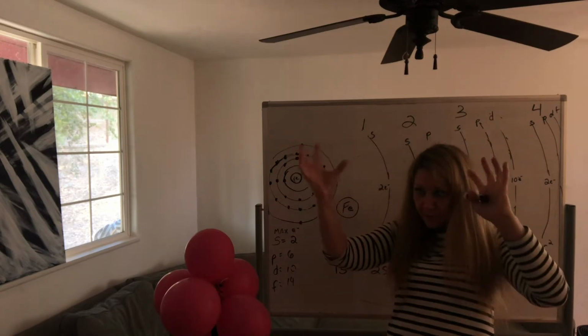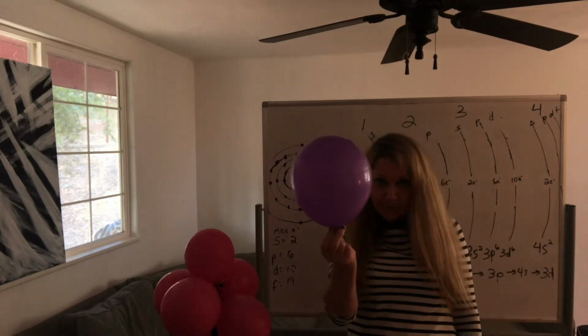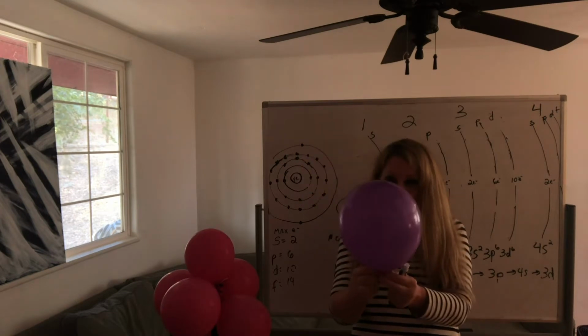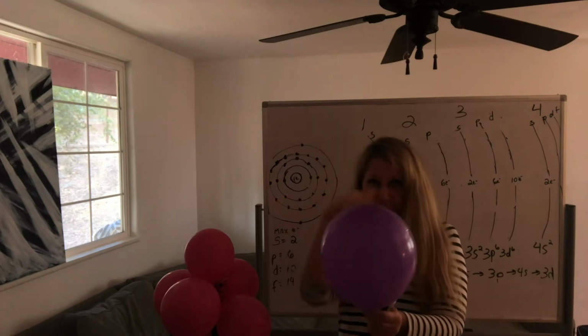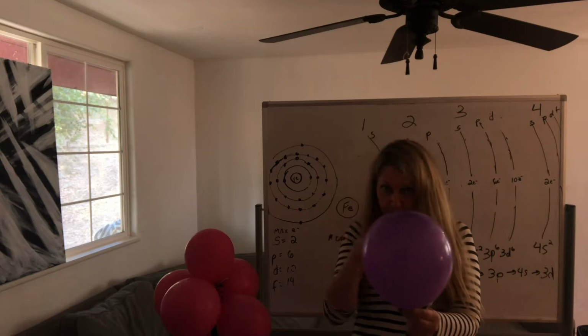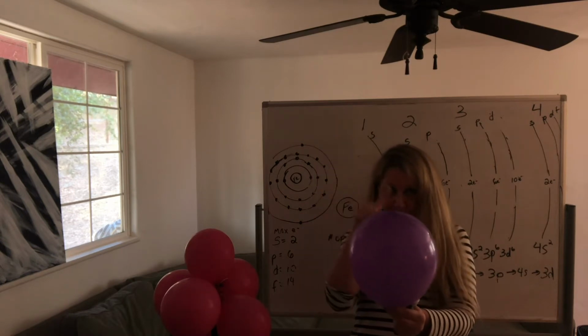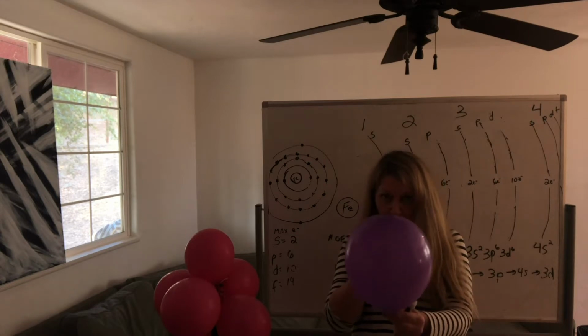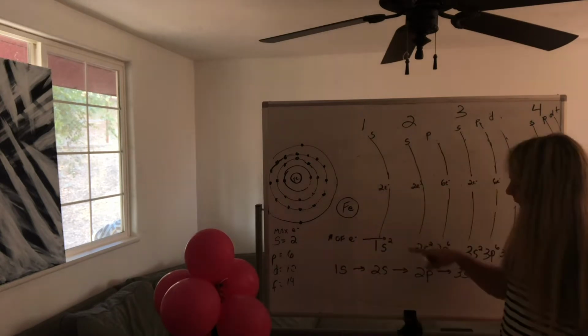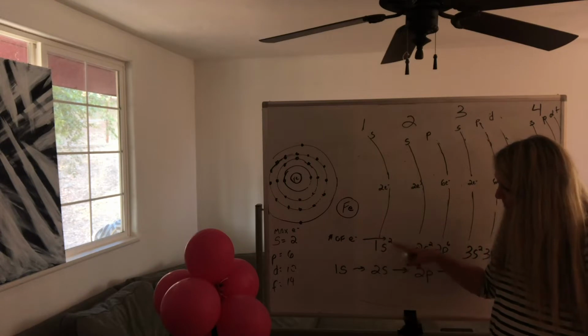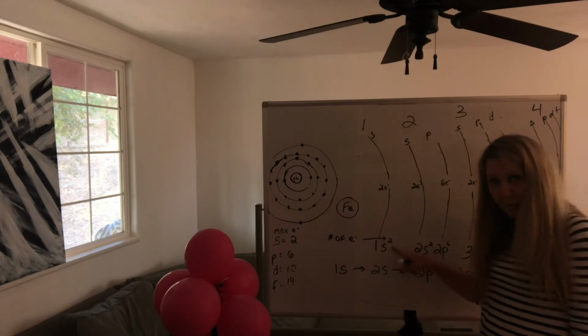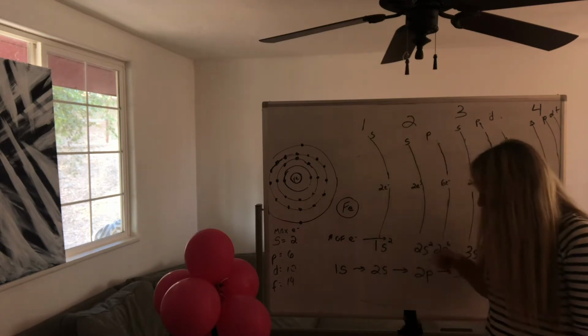So think of a sphere, okay? The nucleus is in the middle, and the outside of the balloon indicates the pathway the electrons are traveling upon. This could represent then the 1s sublevel. And when we write it out, we write 1s, and then the exponent is the maximum number of electrons it can hold.